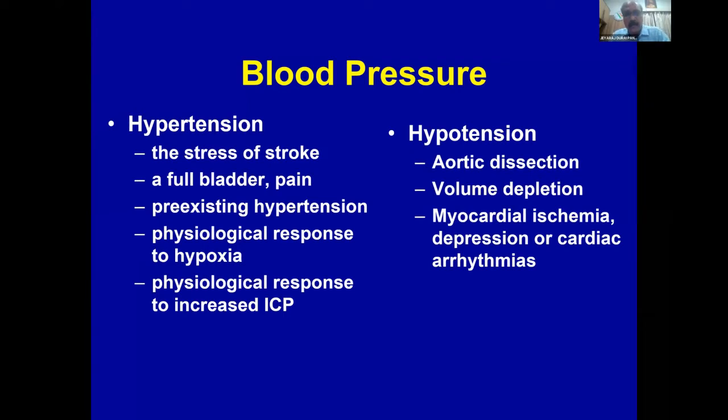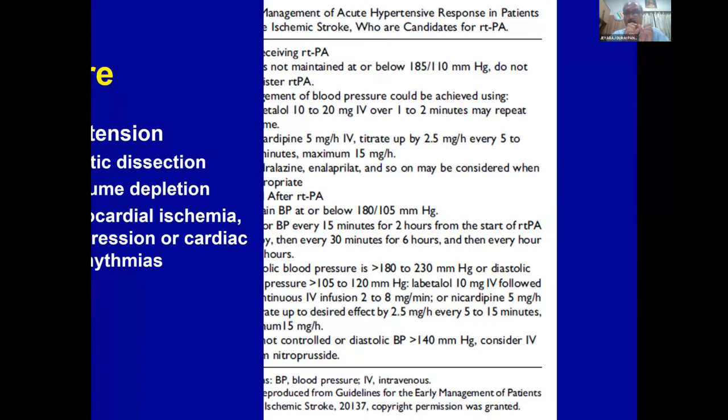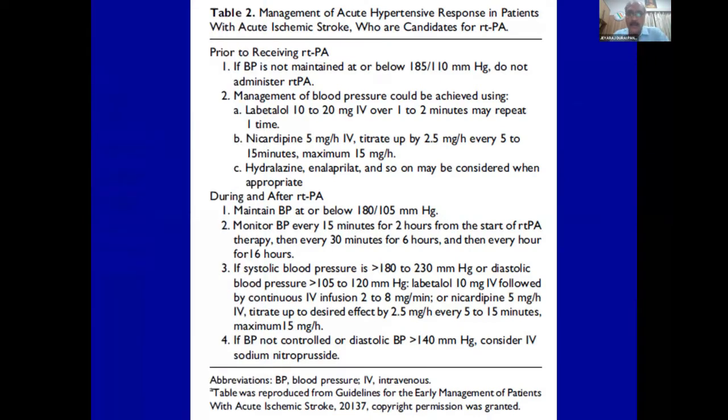And pre-existing hypertension, it could be just a physiological response to hypoxia and raised ICP. So before receiving TPA, you need to follow a proper criterion, 185/110. If it is above that, you need to give injection labetalol and bring down the BP. Then only you take a decision of giving TPA.